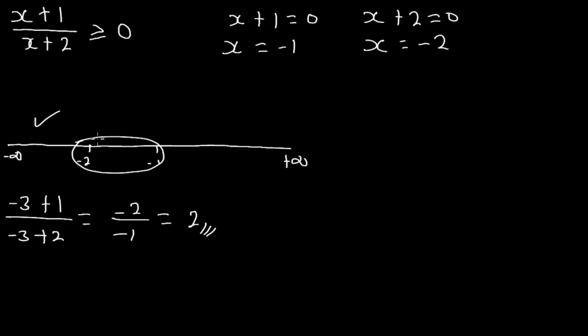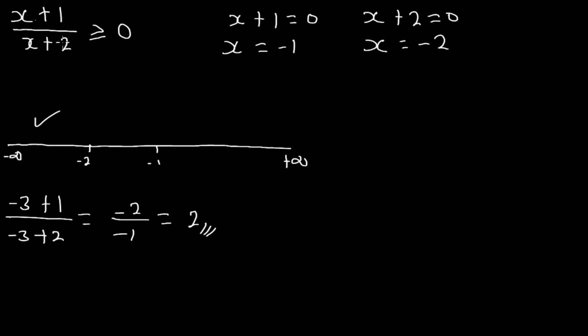Now, between minus 2 and minus 1, we have to be careful, because we have greater than or equal to 0. It means x can be equal to one of the critical points. Usually it is the critical point we have when we set the numerator to 0.